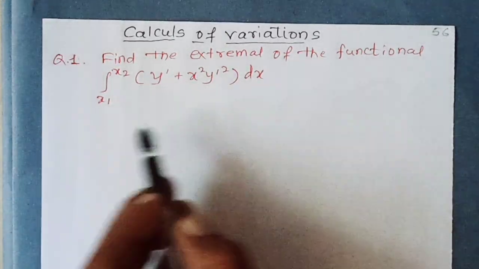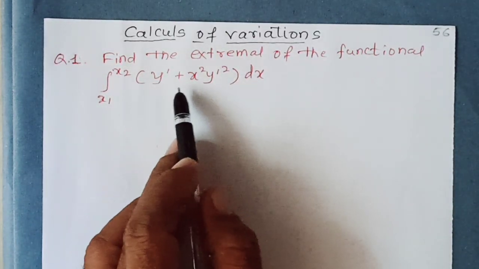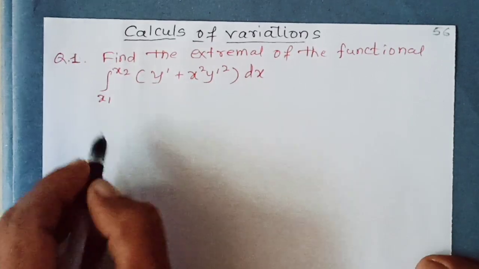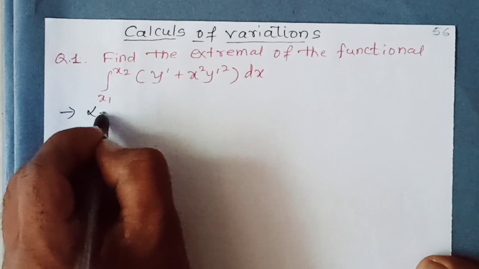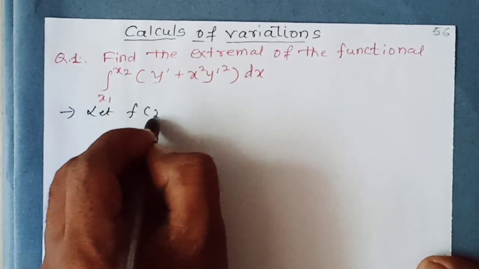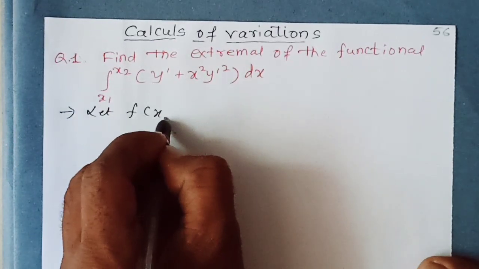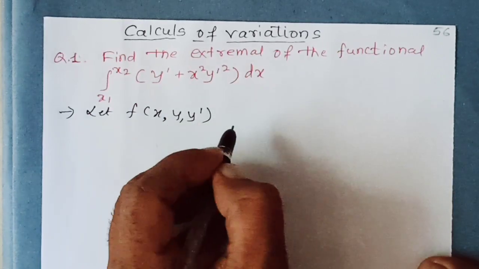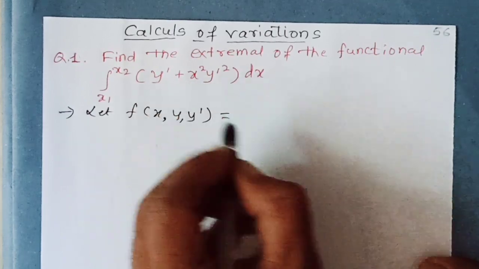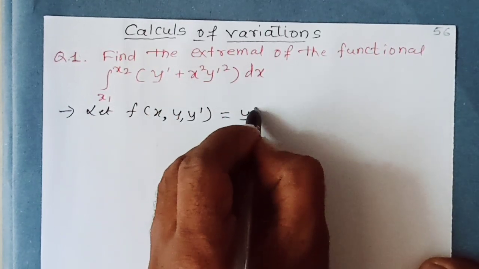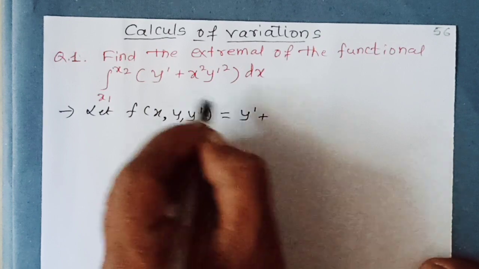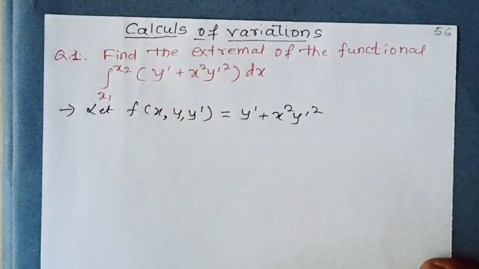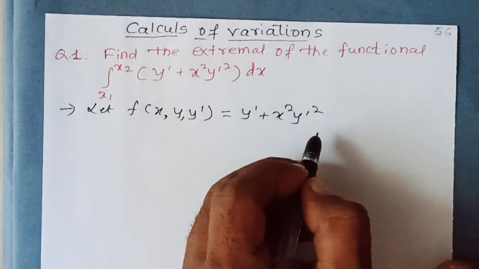Find the extremal of the functional integration x1 to x2 of (y dash plus x square y dash square) dx. First let f of x, y and y dash be equal to y dash plus x square y dash square.